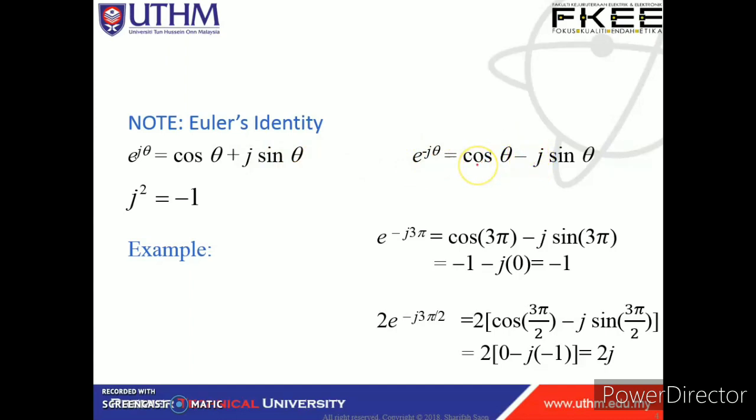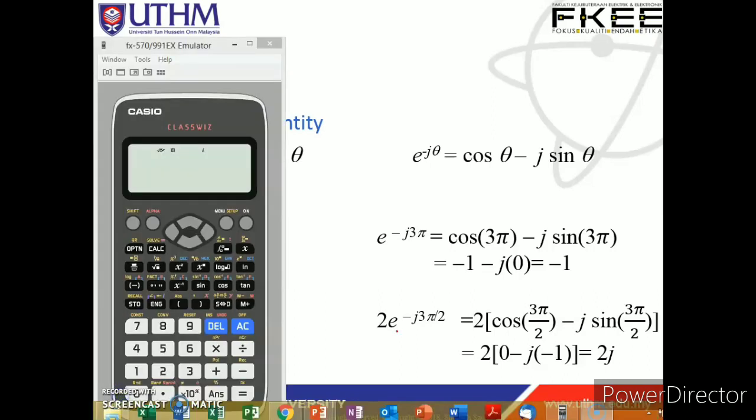Okay, it becomes cos theta minus j sine theta, and j to the power of 2 is equal to negative 1. We need to memorize the Euler identity, and also that j to the power of 2 is negative 1.